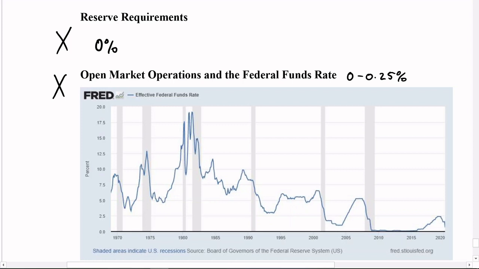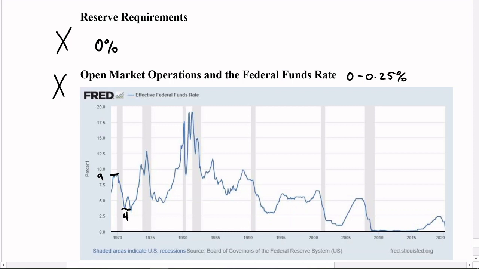But I just want to point out the use of monetary policy to affect the federal funds rate over all of these last 1, 2, 3, 4, 5, 6, 7 recessions. Here we're up close to 9%, and at the bottom of that we're down to, say, about 3 or 4.